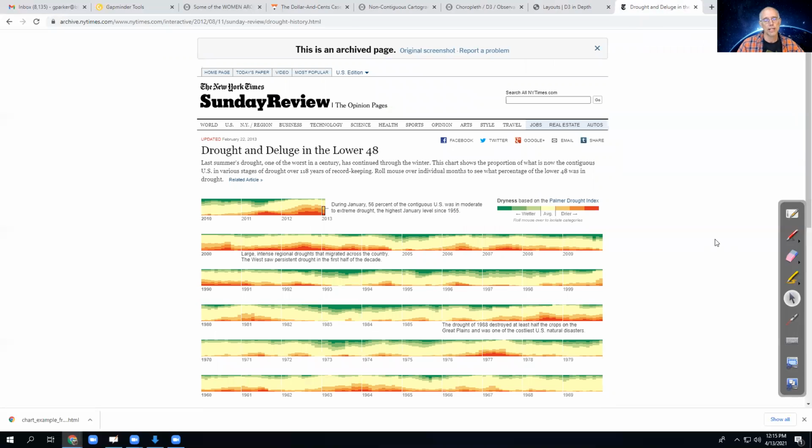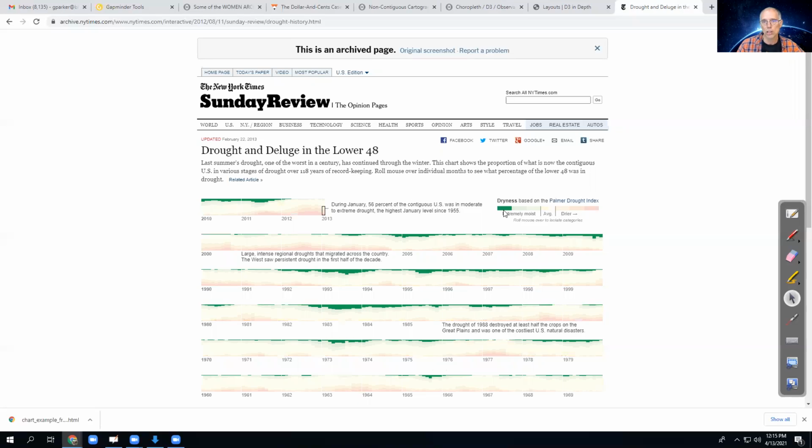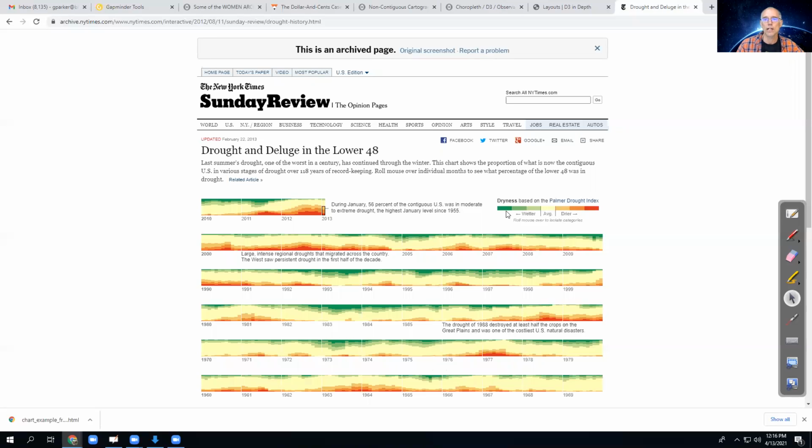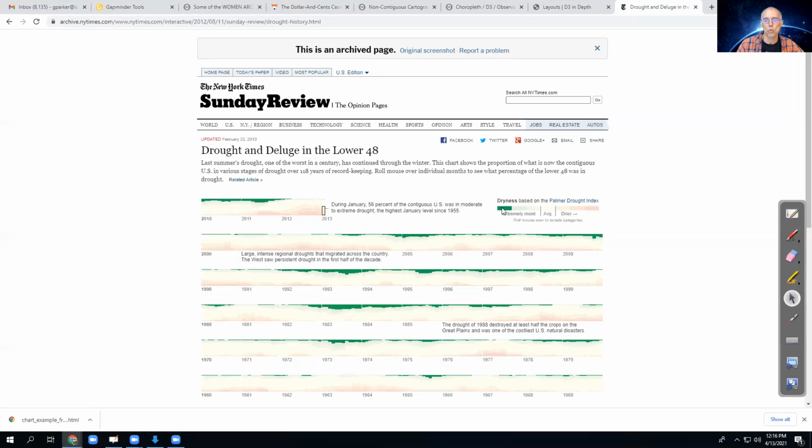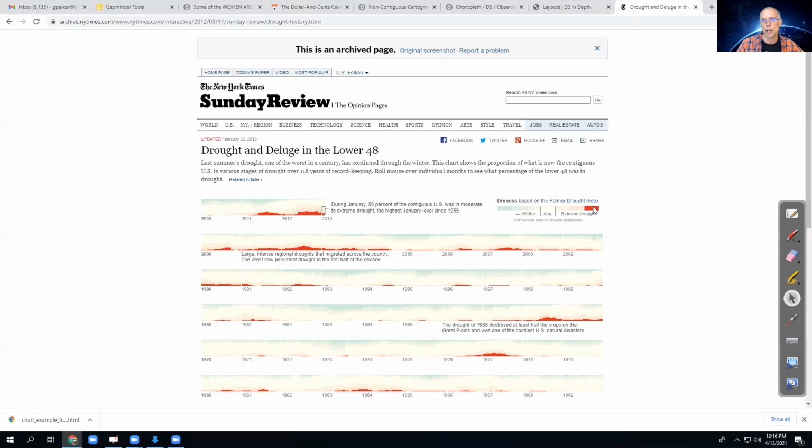Interesting displays of data. So here I have a time chart. Going from the 1960s here, and it's interactive also, up to 2013, we have weather patterns overall. So dryness versus drought. Here it's wetter, and here it's drier.